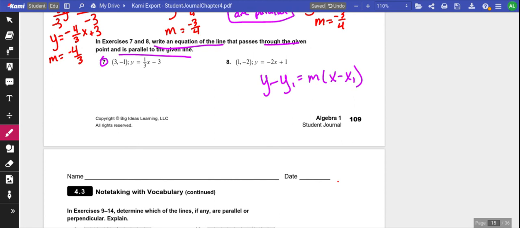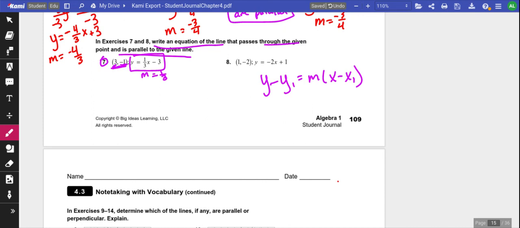All right, so we have our point right here. There's our x1 and our y1. And then, if it's parallel to this line, then it has the exact same slope as that line. My m for this line is 1/3, and it's going to be 1/3 for the line that I'm writing because it's parallel. They have the same slope. So let's plug it into that point slope form.